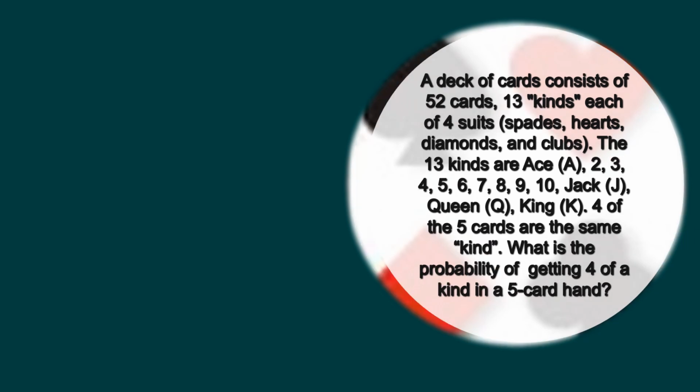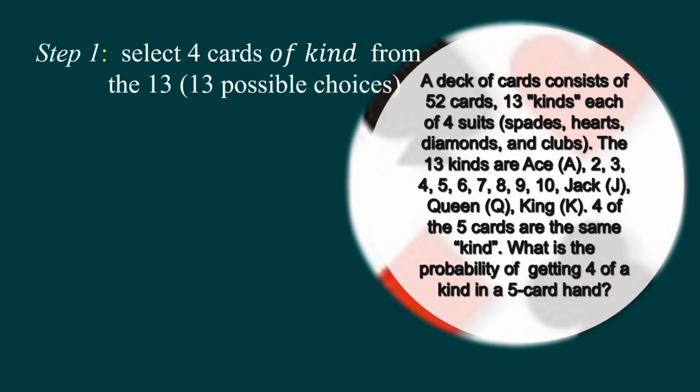Now, suppose we want to calculate the probability of getting 4 of a kind in a 5-card hand. Thus, divide the number of ways of getting 4 of a kind by the total number of possible outcomes. So in step 1, to have 4 of a kind, we need to select 4 cards of the same rank, ace through king, from the deck, and that would be 13 ways, 1 for each rank.